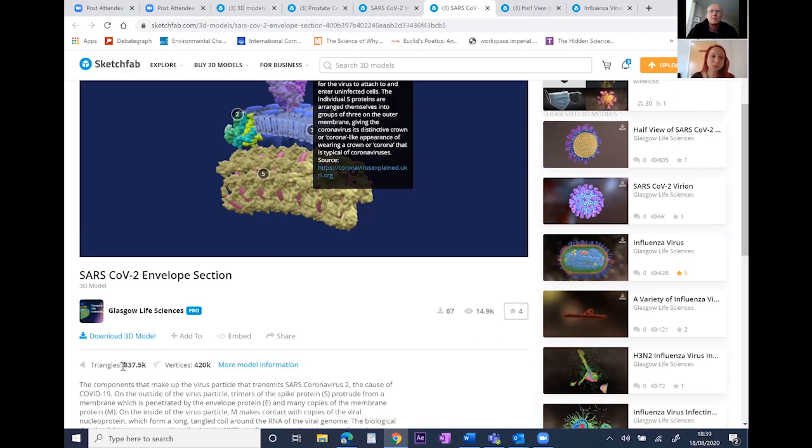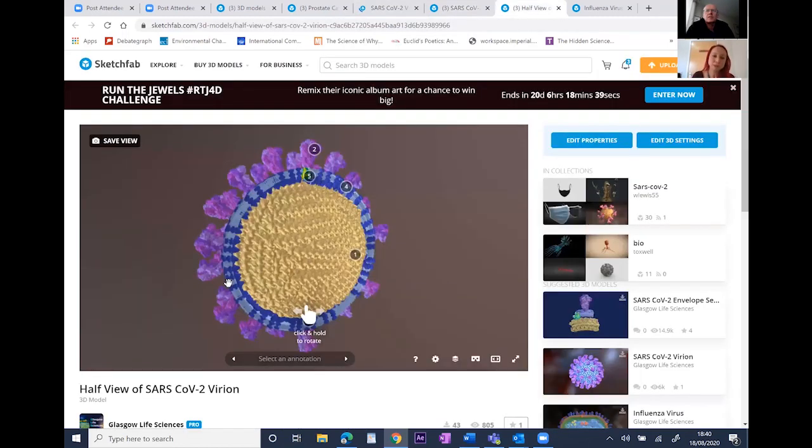And the reason was because there was still a high number of triangles and faces in the models. So I ended up having to make versions of the models which are actually much smaller. So I think the section model is only about 20 to 25 megabytes. The half model of the virion or the whole model of the virion are around 100 megabytes. So it's actually well below the technical size limit.